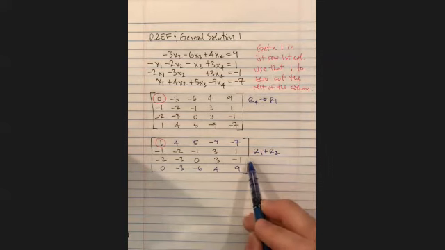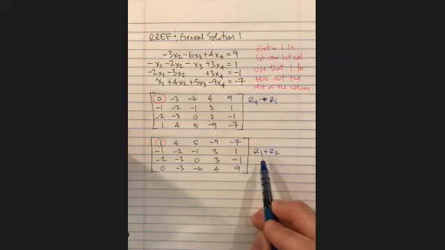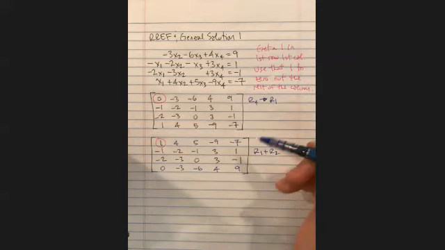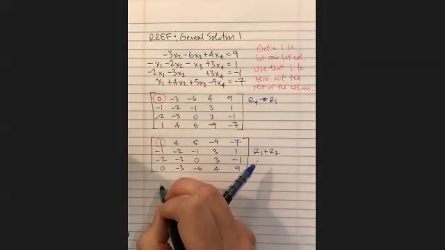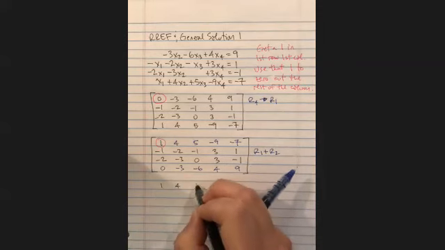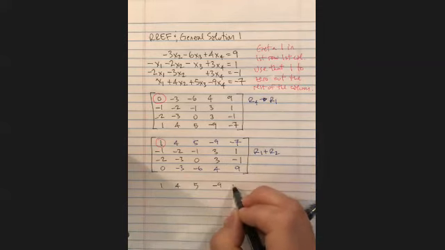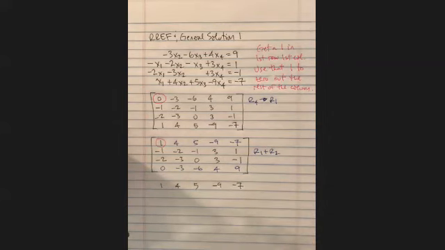I'm going to write next to the second row of the augmented matrix, R1 plus R2 to indicate that I'm replacing the second row with the sum of the first row and the second row. My first row is not changing because that's where my pivot is: 1, 4, 5, -9, -7. I'm just going to add this row to the second row.